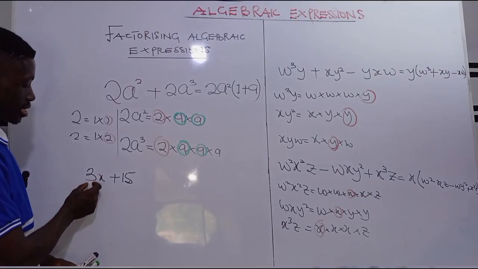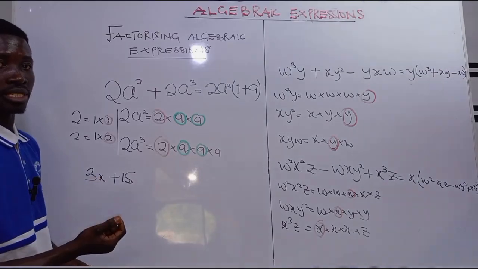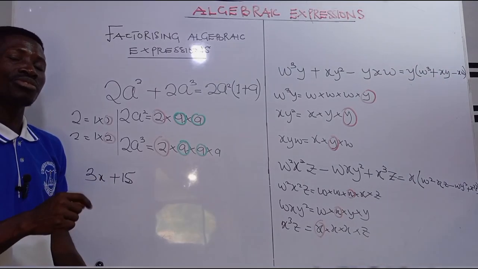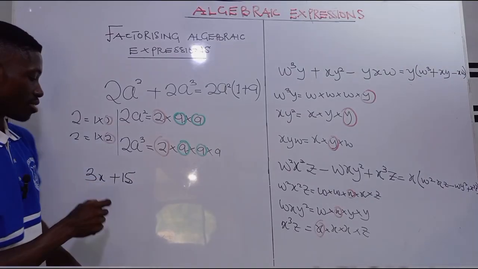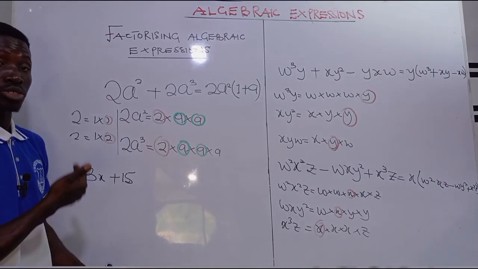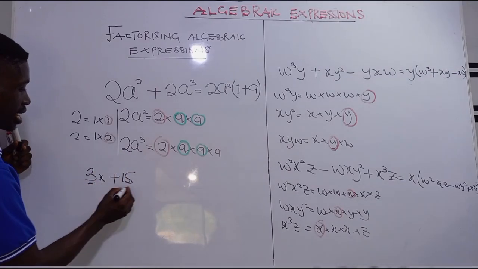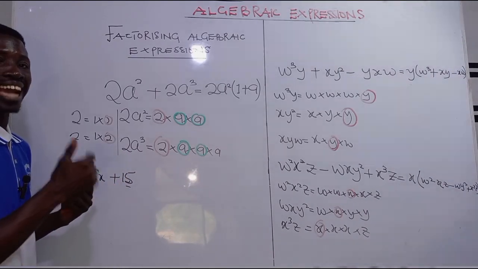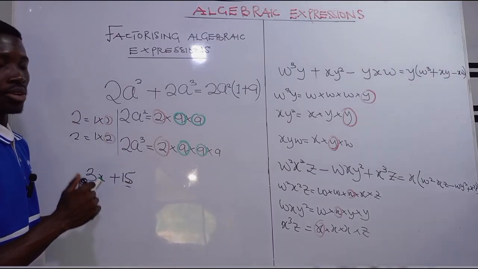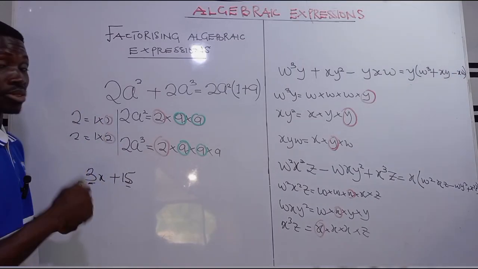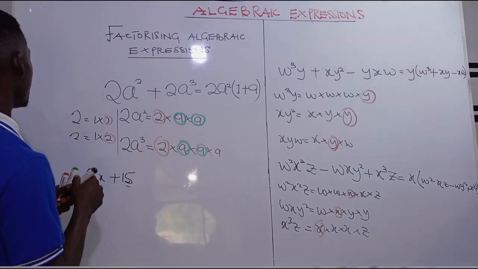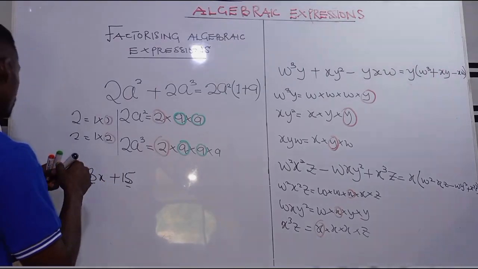So you realize that this expression involves numbers. So what we are going to do is find the highest common factor for the numbers. We are going to start with the numbers. So we have 3 and 15. You know that the highest common factor is 3. If you don't know, let's go through.